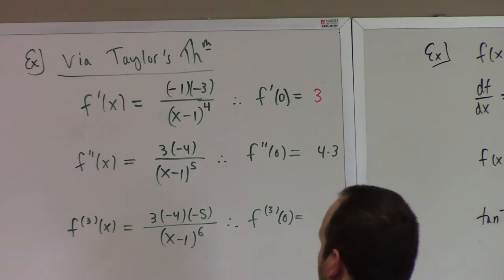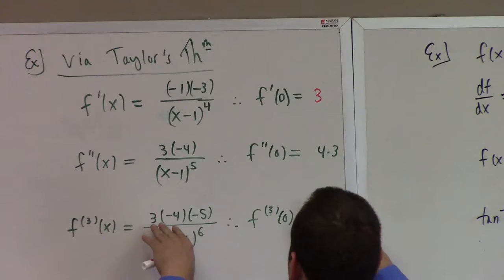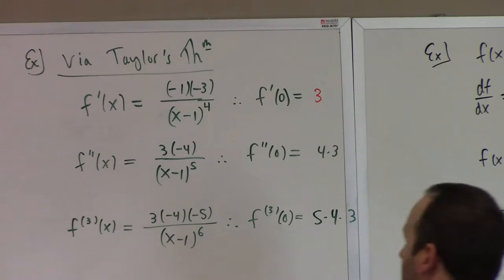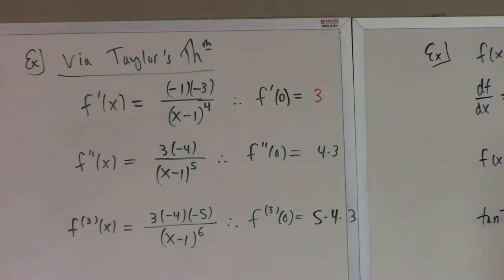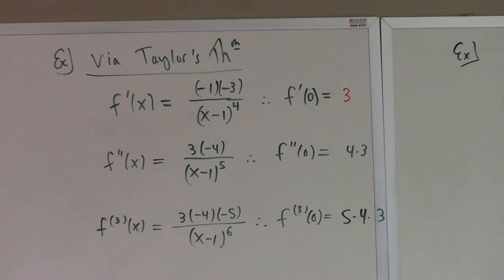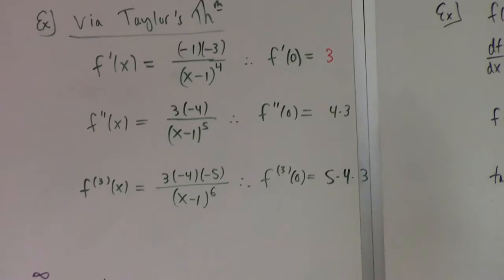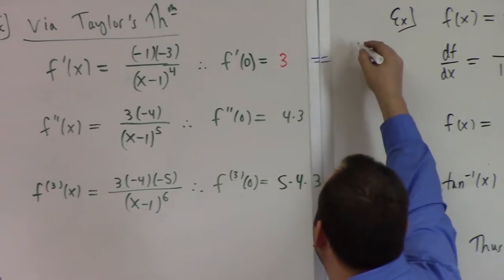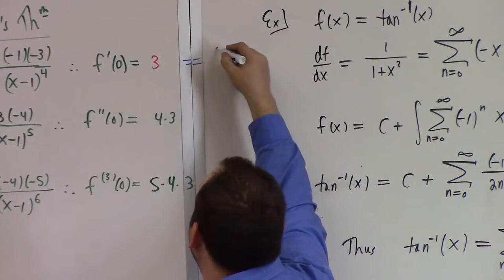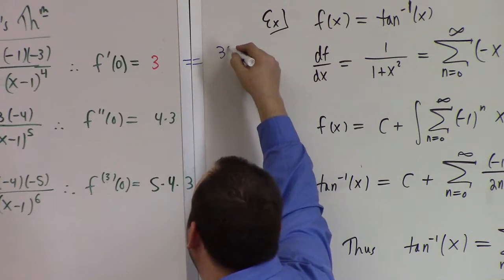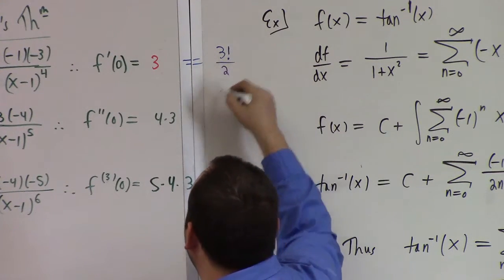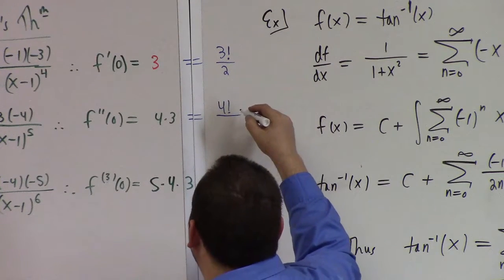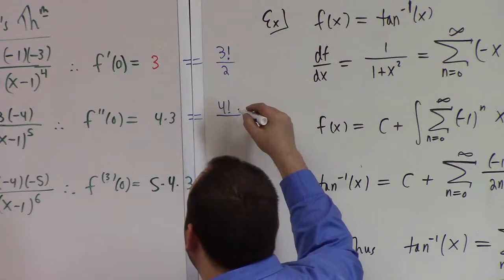Oh, wait a minute, we don't know this. Let's see here. So this is 5 times 4 times 3, right? So I would point out that you can start to see the pattern here. The pattern is that this is equal to 3 factorial divided by 2. This is equal to 4 factorial divided by, what was it? 2?